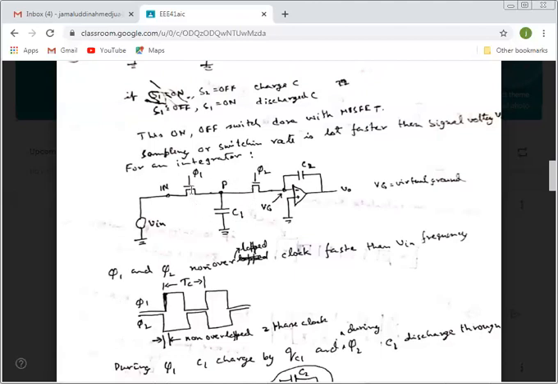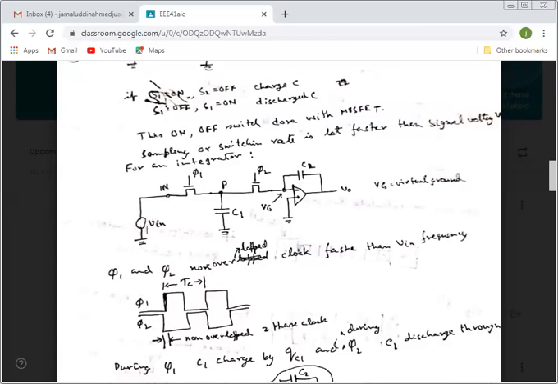And we added two MOSFETs to control the switching. This MOSFET is controlled by the phi 1 clock, and this MOSFET by the phi 2 clock. Remember, phi 1 and phi 2 are non-overlapping clocks, and this is faster than the input signal.